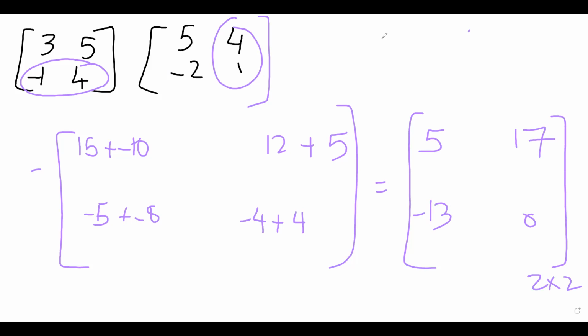Is it clear? Yes. Teacher, what if we have 5, -2, and -3? Where's 5 and where do you mean? The second matrix. What if we have down the -2, 3? Like not the same dimensions.